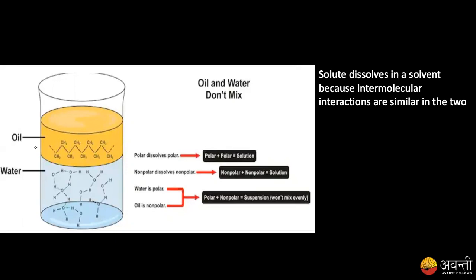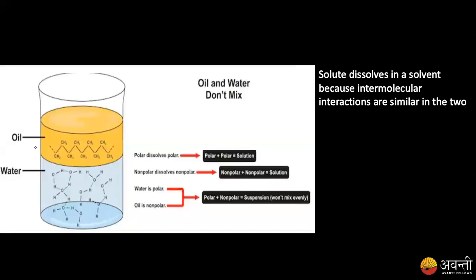Yes, we can judge solubility on the basis of the strength of intermolecular forces. The stronger the intermolecular forces, the higher the solubility. I'm saying that if two substances are not soluble in each other, then they will form two layers.